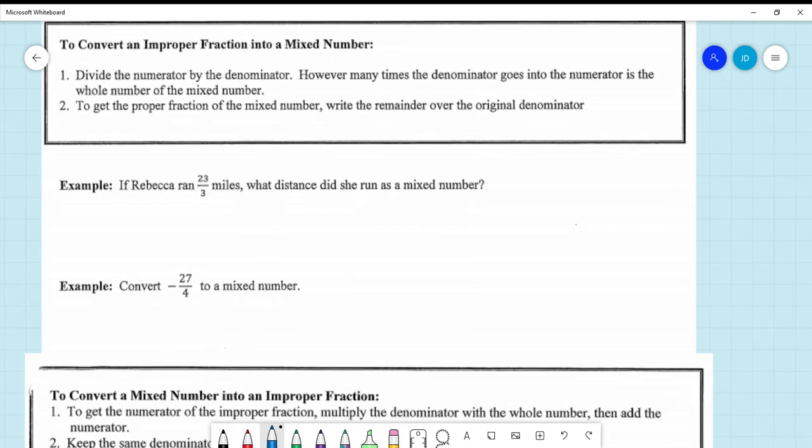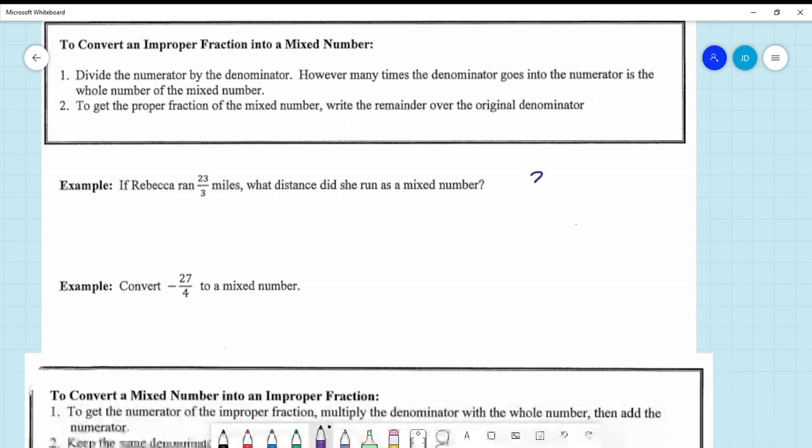So, and hopefully there's enough room to do this here. Let me go purple. In this one it says Rebecca ran 23 over 3, or 23/3 of a mile. What distance did she run as a mixed number?